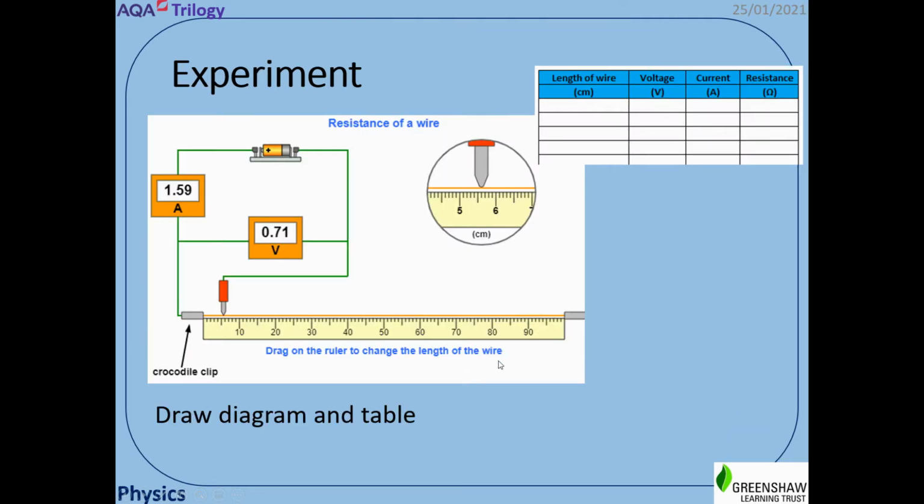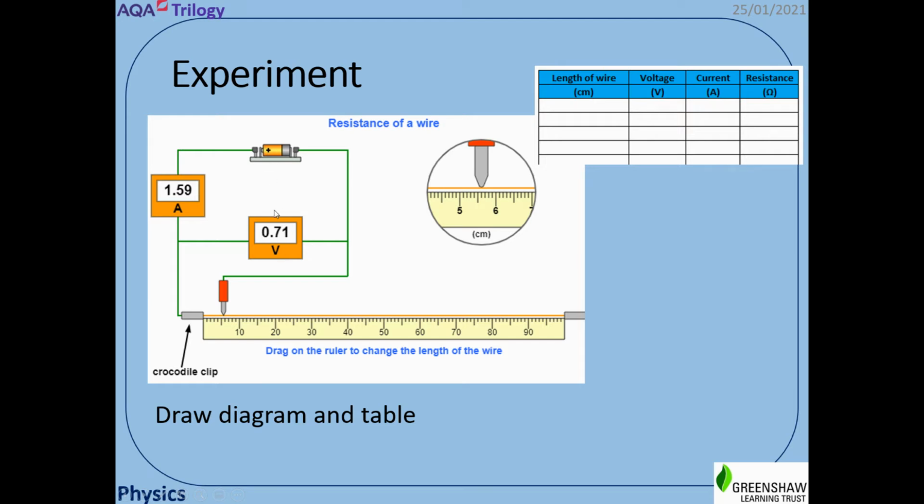Okay, we're going to go on and do this experiment. And before I do this, I'd like you to pause the video and first of all, draw this circuit. So we've got a circuit with a battery going to the wire, back to the ammeter and back to the battery.